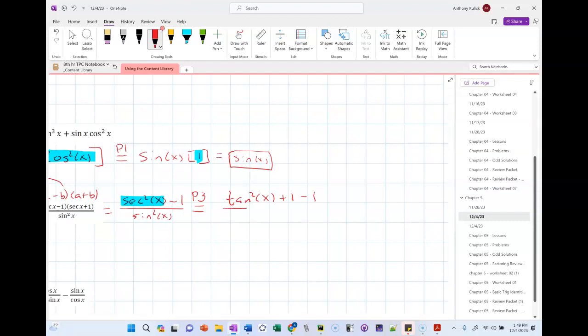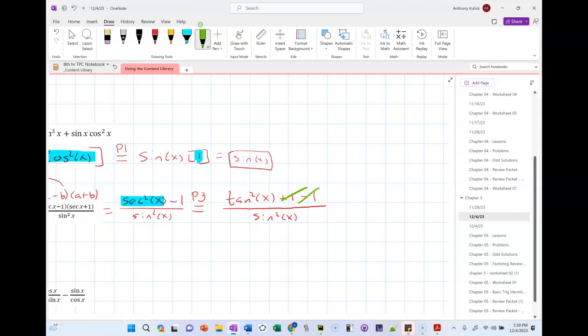But Mr. Kulik, you just said it's a bad idea to turn one term into 2 terms. That's true, I did say that. But look at what I can do now. What can I do in that numerator now? The 1 and the minus 1, what are they going to do?